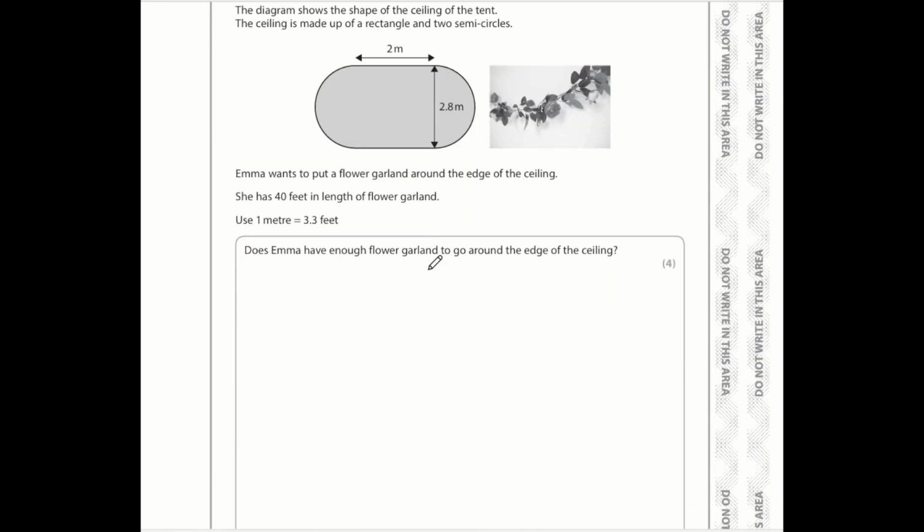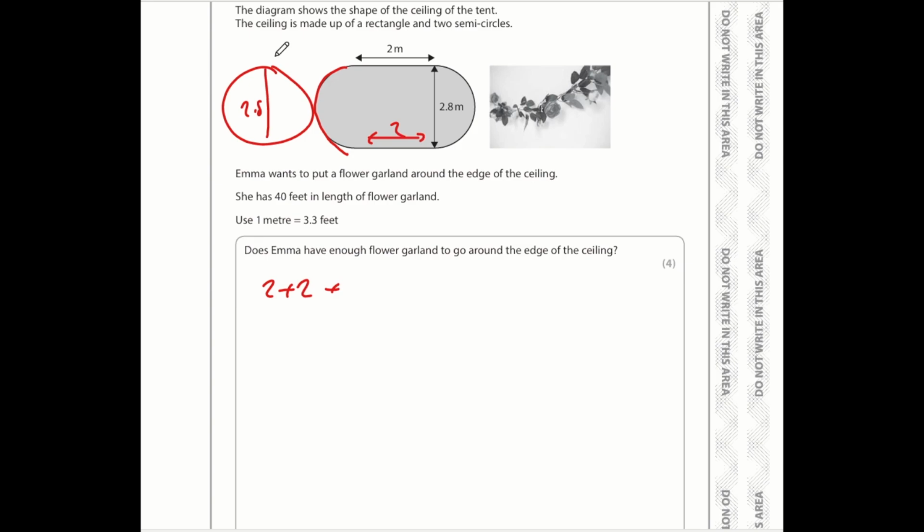Okay, so for this question here, we need to work out the perimeter of this shape here. So we've got 2 meters here, so we're going to have another 2 meters here. So we've got 2 plus 2 plus, we have this semicircular half circumference here, and another one here. So if we just put this part here with this part here, what we have is a circle with a diameter of 2.8.